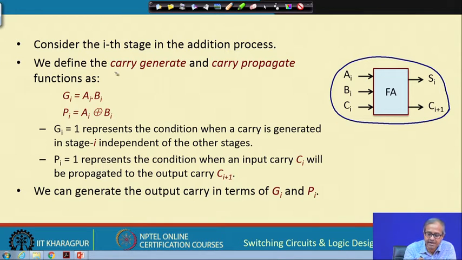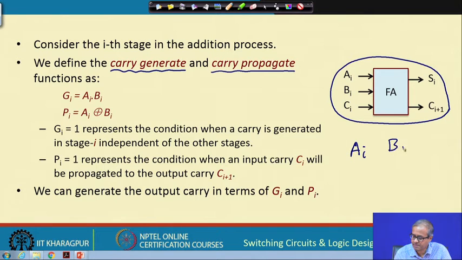Now, we define two functions called carry generate and carry propagate, in terms of the inputs A_i and B_i only. These are my two input bits which I am trying to add in the ith stage. First, I am calling carry generate. Generate means under what conditions of A_i and B_i a carry will always be generated.